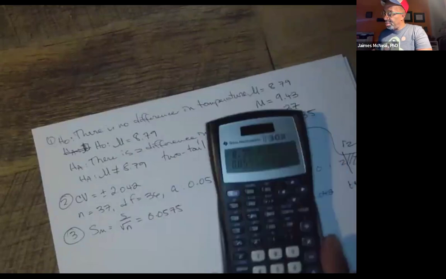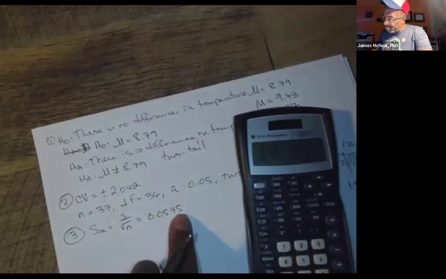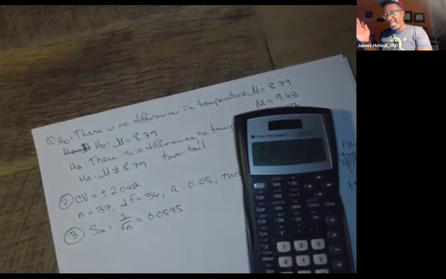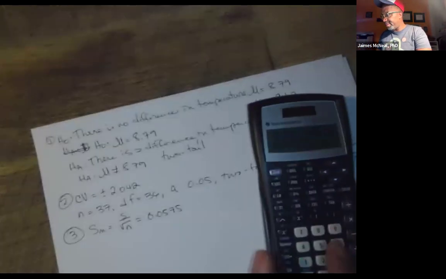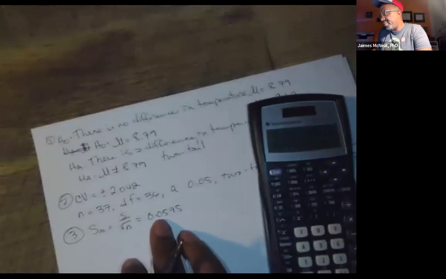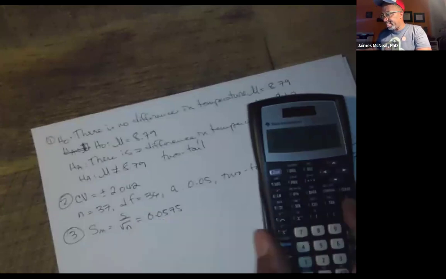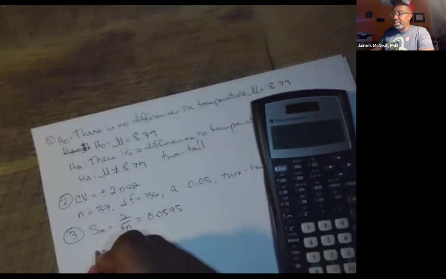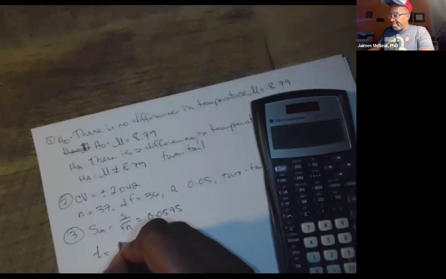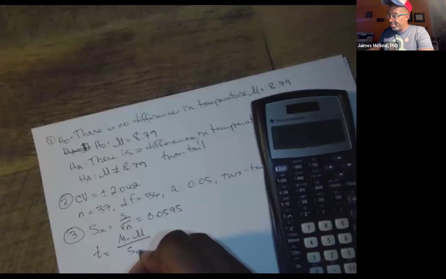0.0575. We're using two more digits because we're going to calculate with it. So we can stop at 0.057, but let's use the whole thing. It's not a bad thing to do. Let's now calculate the t statistic, which is mean minus mu divided by the standard error.